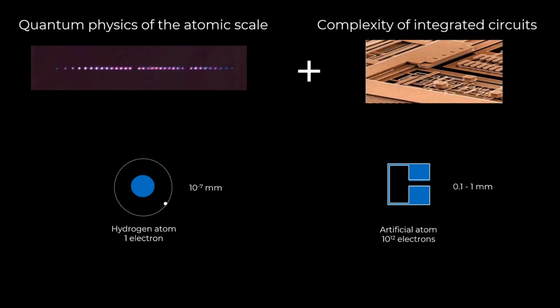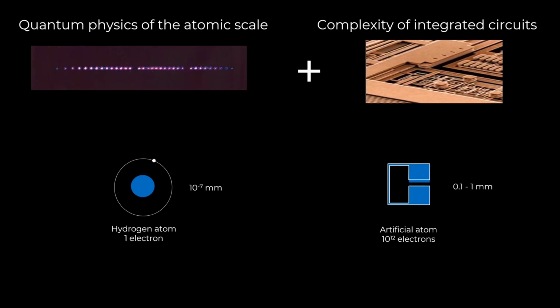If you take one atom, you have an electron rotating around at a very small scale, and it's really hard to do because you have to isolate one single atom. So the approach that the researchers at the Yale Quantum Institute take is to harness the complexity of integrated circuits, a technology that's really mature and that we can work with.